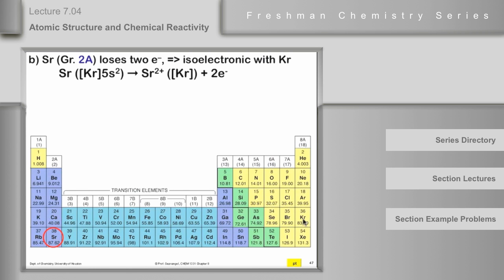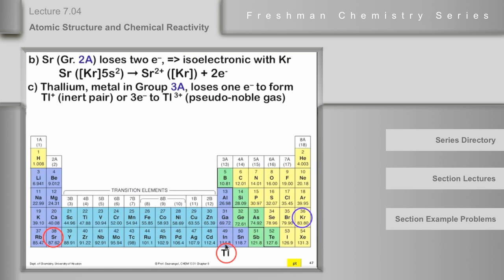And of course, we've already expected that from group 2A elements before, but it's the stability of the krypton configuration that drives it. Thallium is down here right under indium. It's in 3A, so its outermost electron configuration is s2, p1. All right, so it could lose 3 electrons to go to a pseudo-noble gas configuration, or it could lose 1 electron to go to an inert pair configuration.